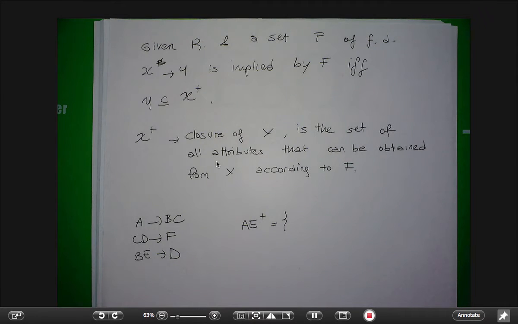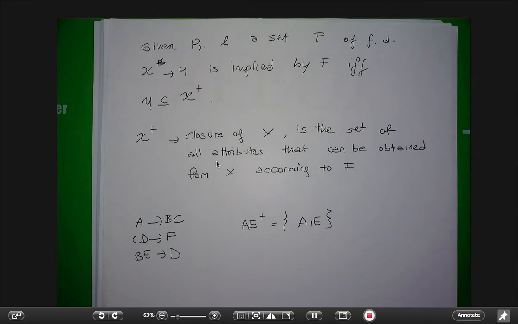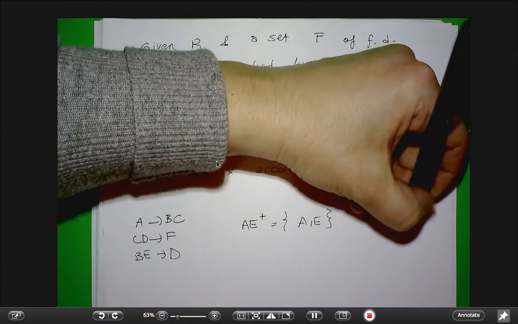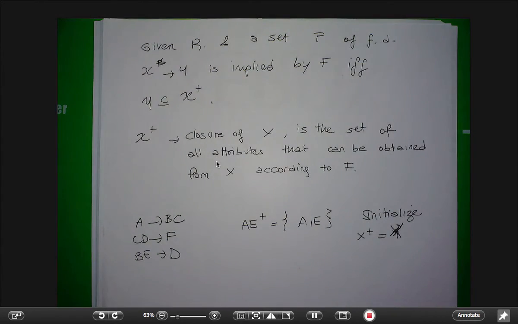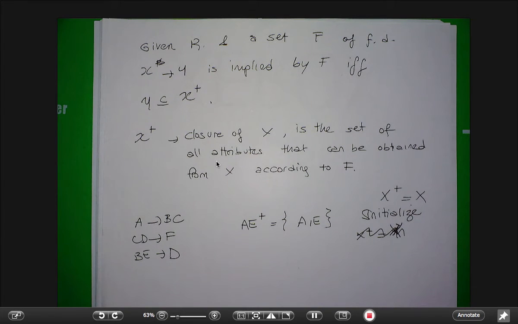First, start with what you know, right? So the closure always has itself. If you know A and E, then you know A and E. So this is kind of how I initialize, right? So initialize X plus to be equal to X. All right, now I'm going to use the rules. I'm going to look at any rule that has a subset of these.